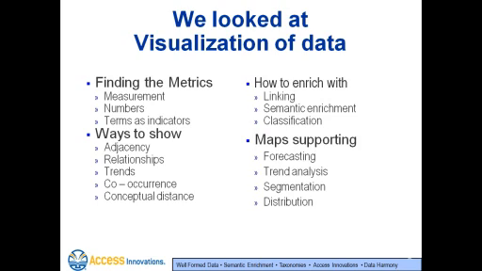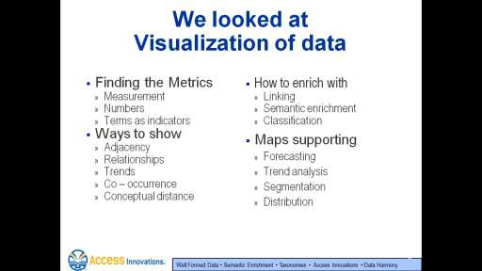It gives us a good way to show adjacency between terms. We might be able to leverage the relationships built into a controlled vocabulary or a knowledge organization system to show broader, narrower relationships. When we roll up terms, we also might see related terms that we hadn't realized were there, relationships that need to be explored.